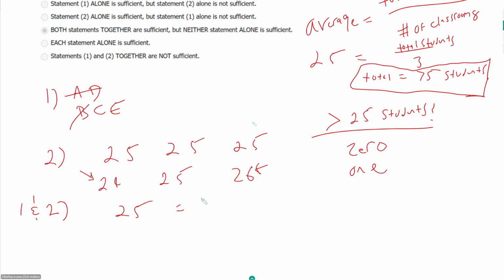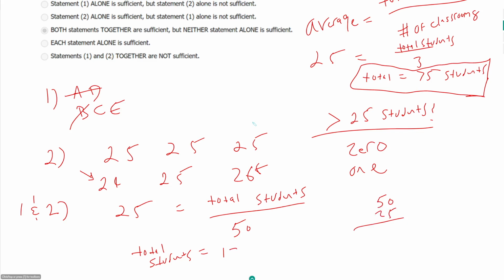That is going to be equal to our total students over 50, because that's going to give us total students per class. So our total students has to sum to what? 50 times 25, which is 1250.